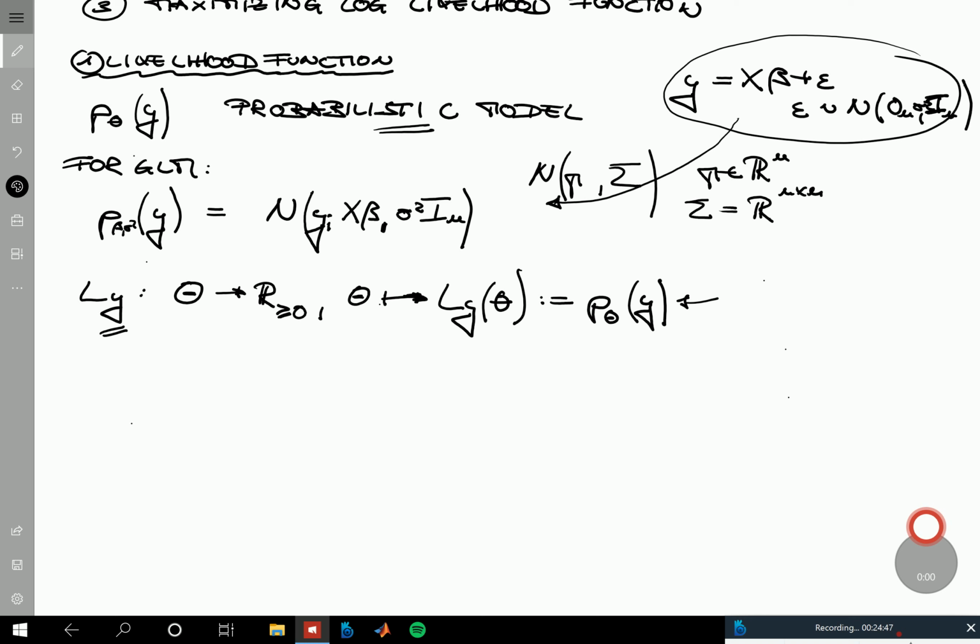So the data is fixed, and you view this probability of a specific data point, y here, or data vector, as a function of the parameter. So you vary this theta, and this is why theta is an argument, and the whole likelihood function is a function of the parameter. But the value it takes on at a fixed data point and for a fixed parameter value is just the probability of the data under that parameter value.